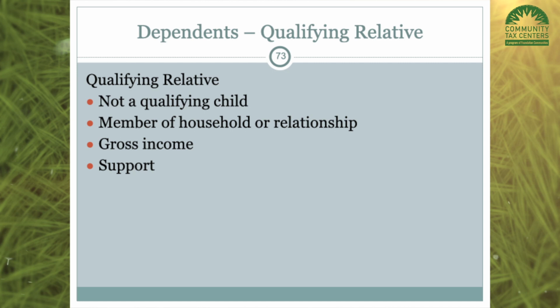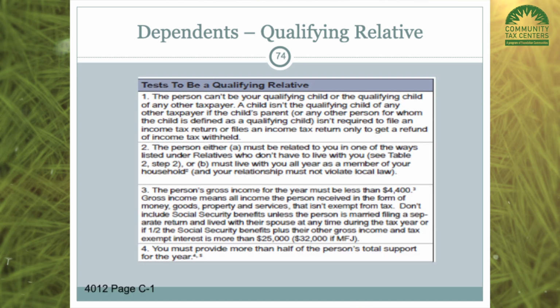Member of household or relationship is determined based upon that person having had to live in your home all year if they're not related to you, or based upon the relationship or relative. We're also going to look at the gross income and then the support test. So looking at these 4 qualifying rules.